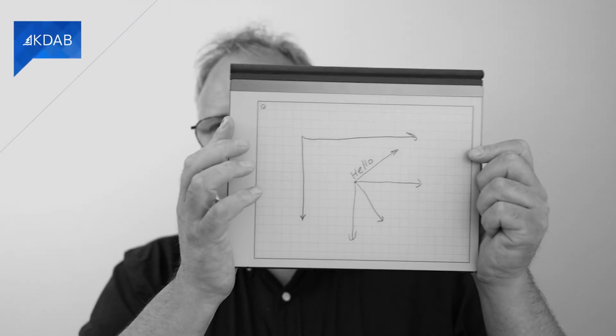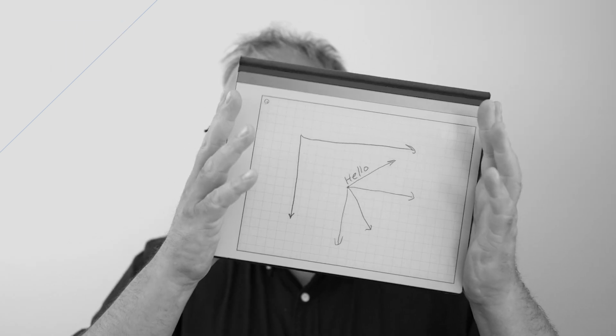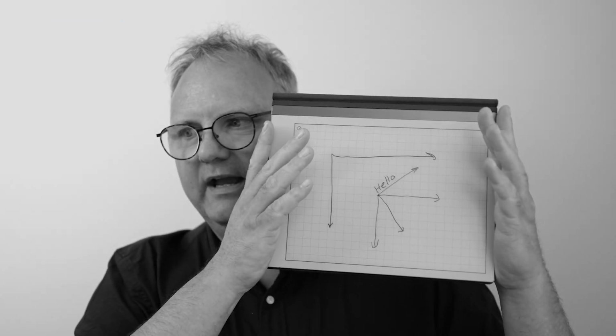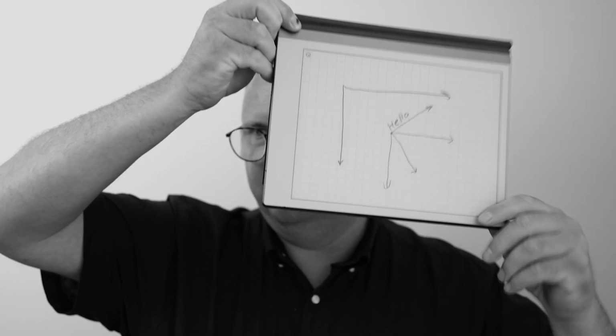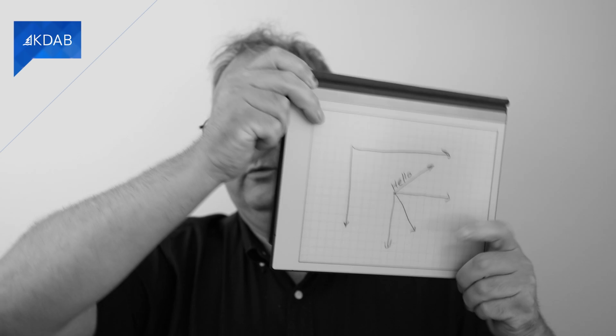So here we have the coordinate system that we have, and we can rotate and we can shear, if I check here and I drag, and we can scale. I'm not going to ruin my perfectly good reMarkable with that operation, but you get the idea.